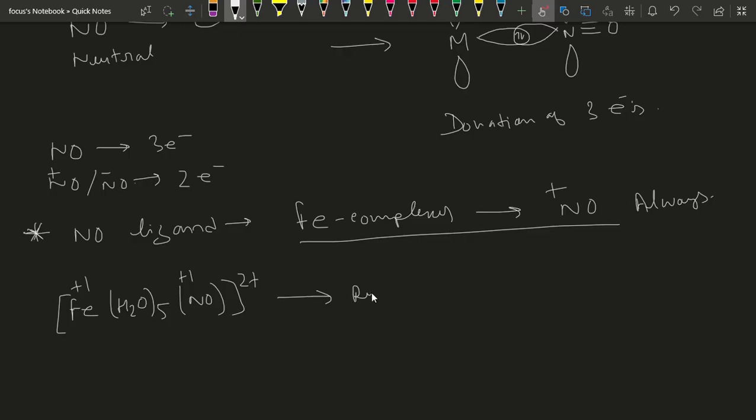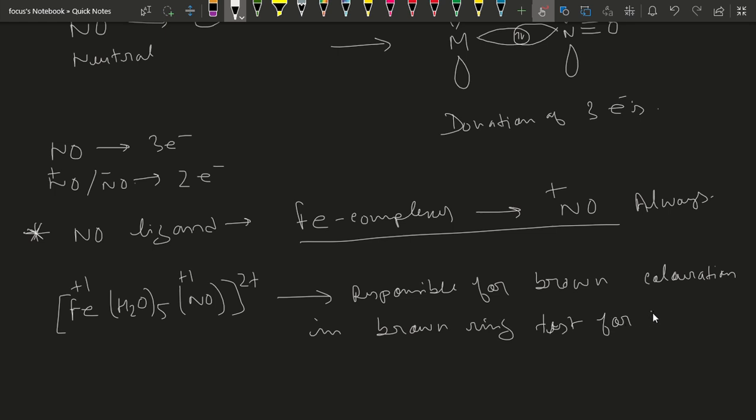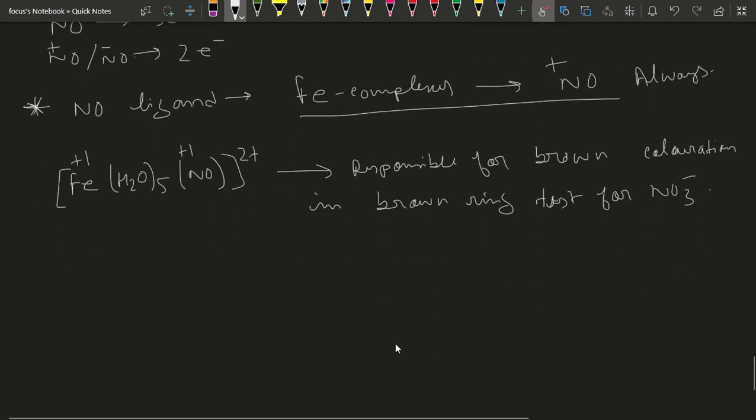It is responsible for brown coloration in the brown ring test for nitrate. So let's check the important brown ring test chemical equation.